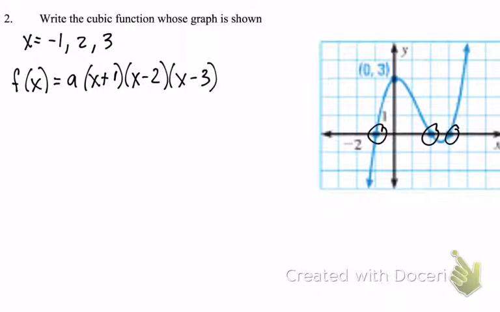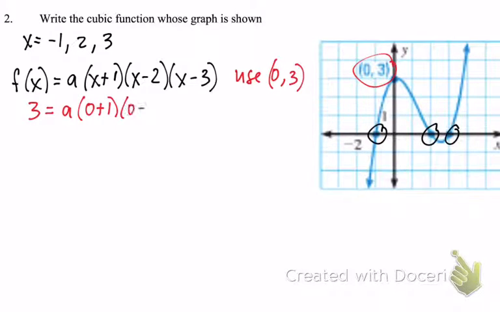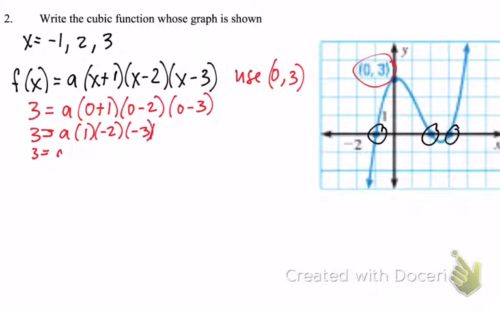Now I'm going to use the ordered pair that they give me, which is (0, 3), as x and y to solve for a. So 3 equals a, 0 plus 1, 0 minus 2, 0 minus 3. 3 equals a, 1, -2, -3. 3 equals 6a.